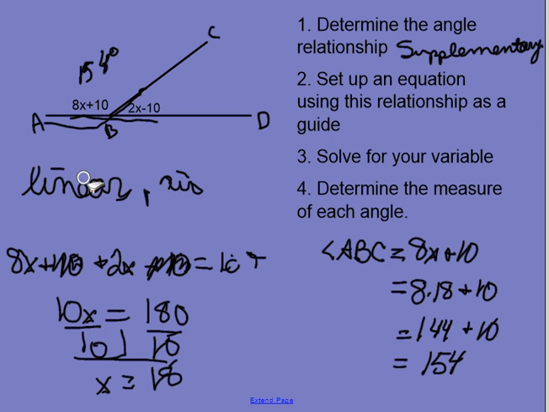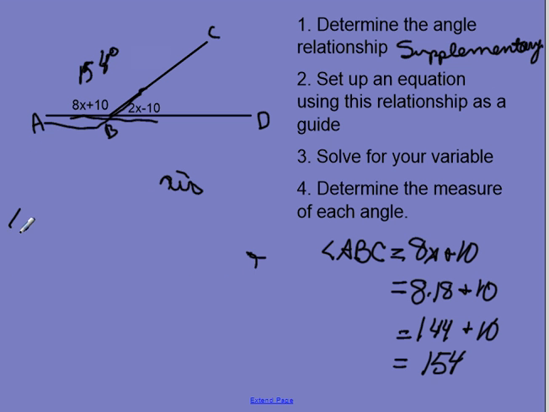So here, erase that. And angle CBD, going from here to here to here, equals 2x minus 10.